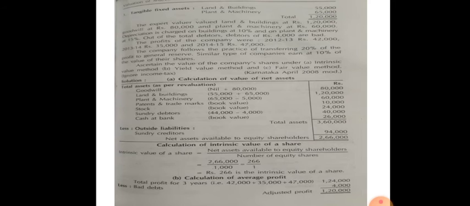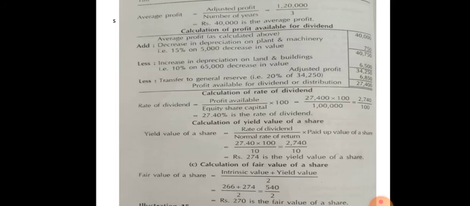On this decrease we have to calculate the depreciation, plant and machinery at 15%. This 15% is calculated on this 5,000 and it is added to the average profit. So add decrease in depreciation on plant and machinery, that is 15% on 5,000, which is 750. So 40,000 plus 750 is 40,750.